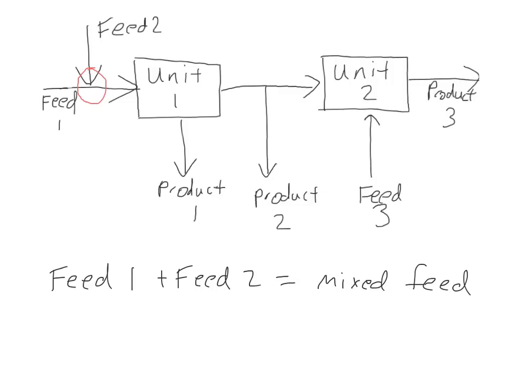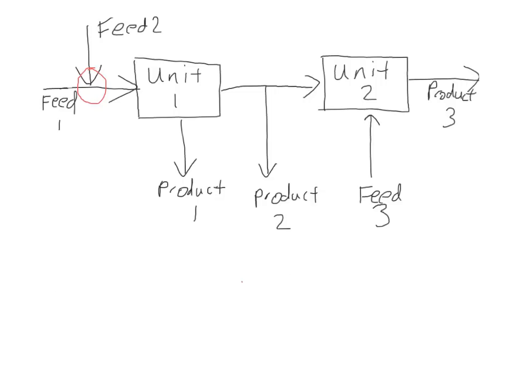If there are multiple components, I might have multiple material balance equations, one for each component, plus the total material balance equation, which is more or less what I've written here. That's what I could get by drawing a boundary around this mixing point. Now there are multiple boundary equations going on also.